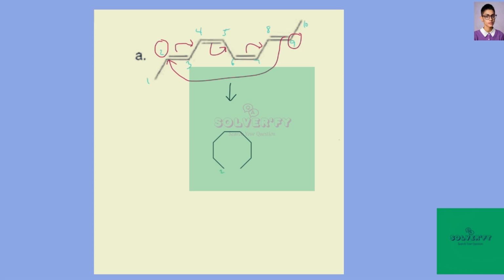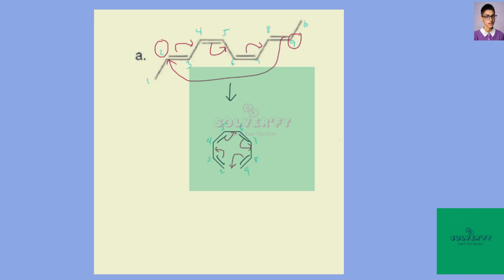We know this is from carbon 2 to 9, so let's number our carbons. 6, 7, 8, 9. We have double bonds between 2 and 3, 4 and 5, 6 and 7, and 8 and 9. If we continue with our arrow pushing, we know that this is going to go over here, here, and this last set of electrons would close our ring.